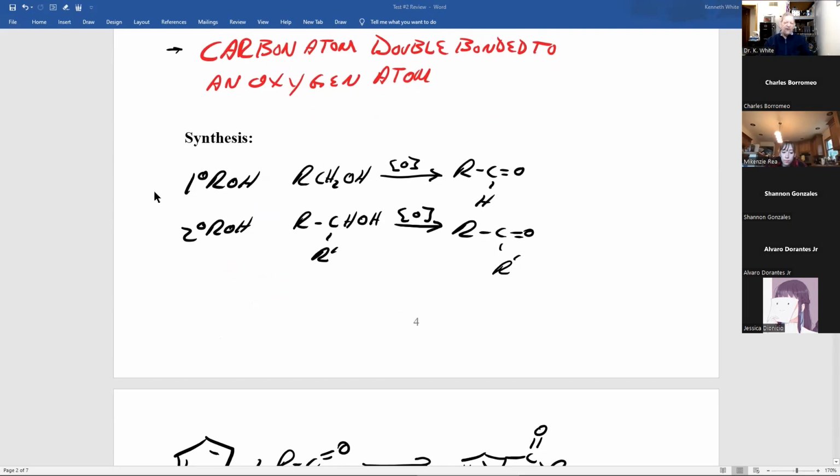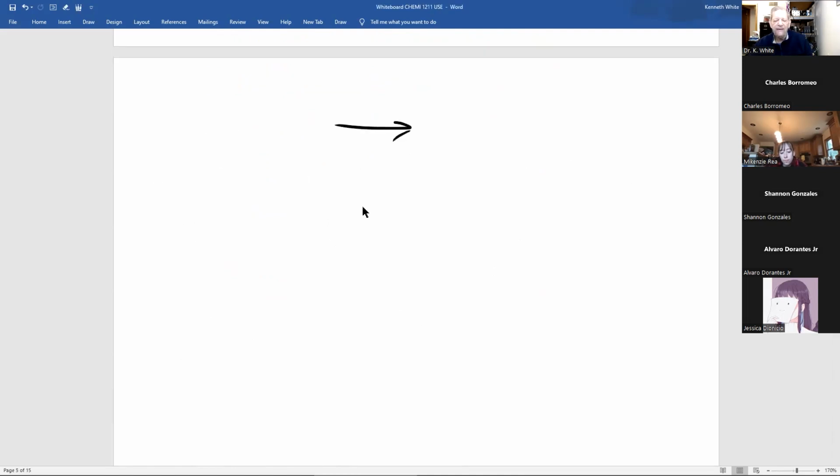And as we talked before with alcohols, you take a primary alcohol, oxidize it, you get an aldehyde. Secondary alcohol, you oxidize it, you get a ketone. And what would you oxidize to make that compound?